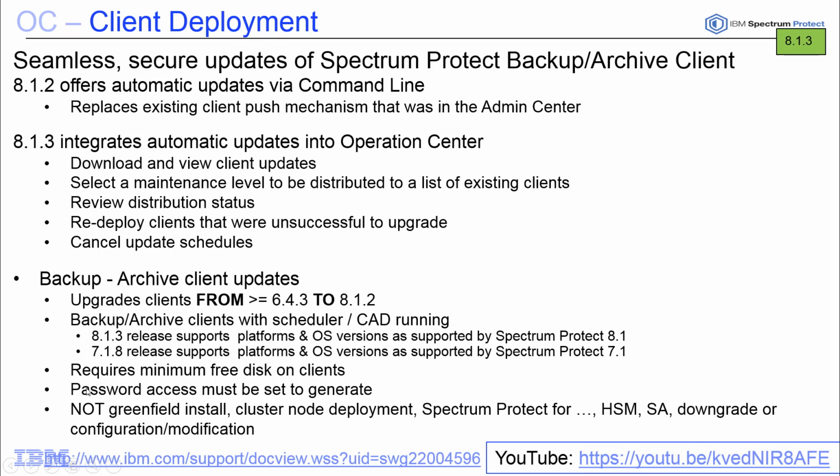You also have to have password access set to generate, and this is not for greenfield installs, cluster node deployment, Spectrum Protect 4 products, HSM, storage agents, nor can you do downgrades or initial configurations or modifications.